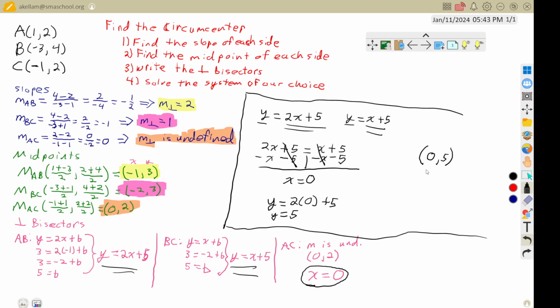And after we find that, we then do our perpendicular bisectors, writing the equation for each perpendicular bisector. Once we have our 3 perpendicular bisectors, we choose 2 of them to use as a system of equations and solve. Once we solve that system of equations, that gives us our circumcenter.